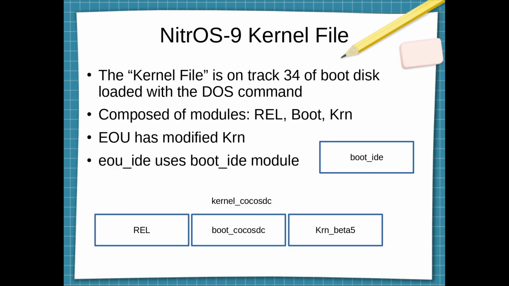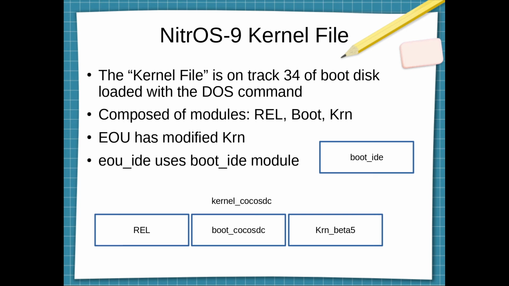So we're going to talk about the NitrOS-9 kernel file, which is one of the earlier things that this script does. The kernel file is the file that is on track 34 of your boot disk for NitrOS-9. When you type the DOS command, it actually loads the entire contents of track 34 into memory, and then it executes it, and that's how NitrOS-9 boot actually works. So the kernel file is actually composed of three modules.